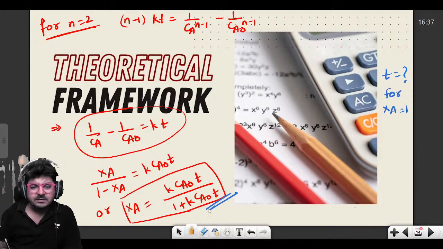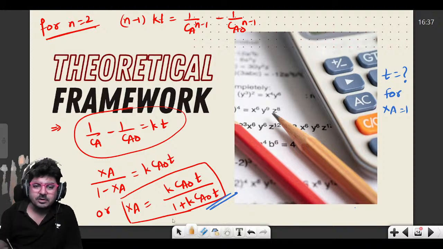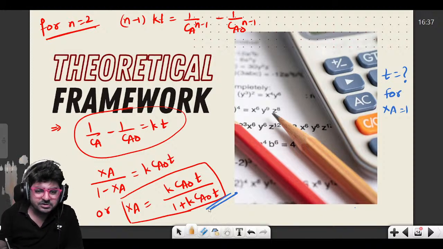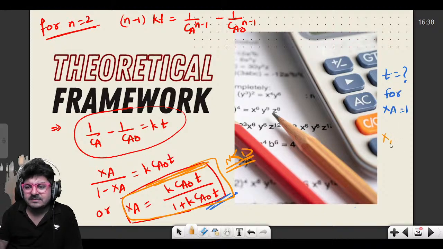So here if you see, maybe by putting some mathematical arrangements, you can say T equal to infinite, but that's not right. Because logically, if you check this expression, you can see numerator is less than the denominator. Numerator is less than denominator, matlab Xa is less than 1, always.